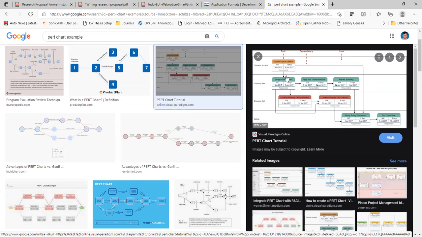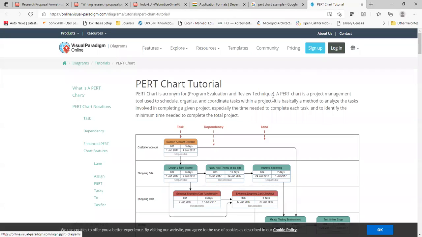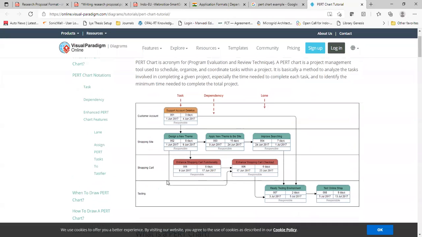So this is the PERT chart. Look at this. There are 4 tasks mentioned: customer account, shopping site, shopping cart, and testing. Fine.